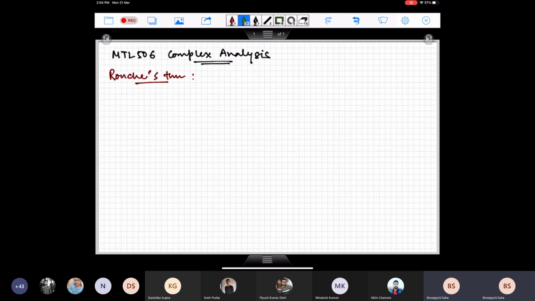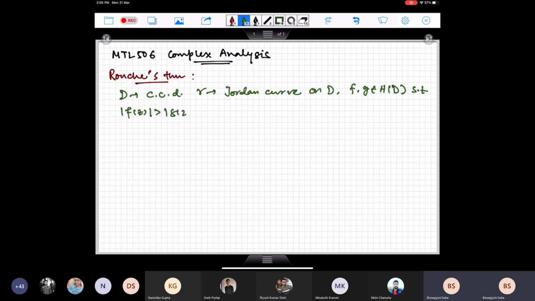So to start with, D was a closed curve domain and gamma was a Jordan curve. And I had a Jordan curve on D. And I had two functions f and g which are holomorphic on D, such that mod of f of z is bigger than mod of g of z for all z in gamma.